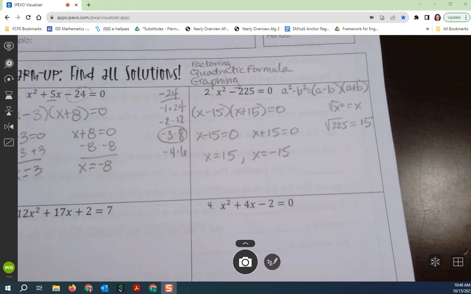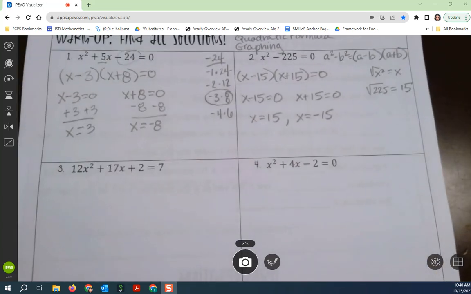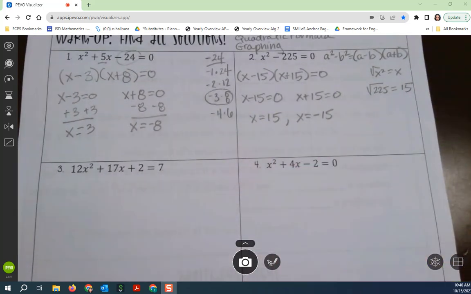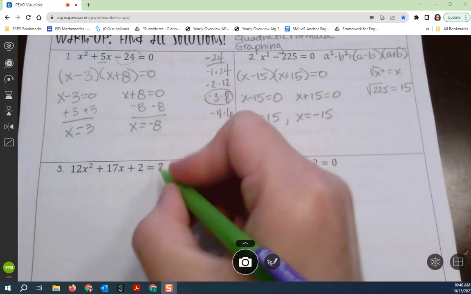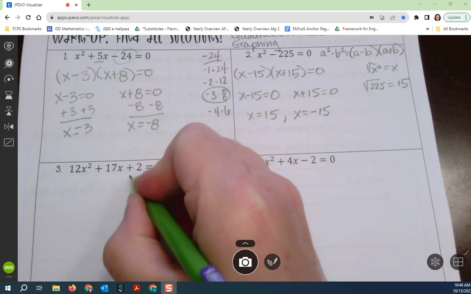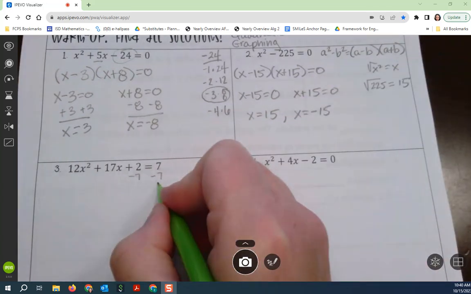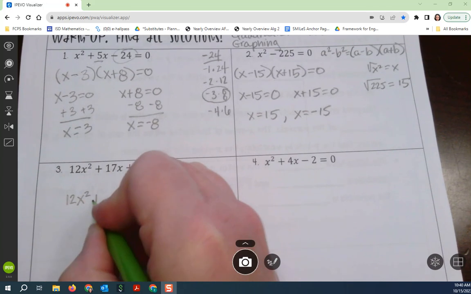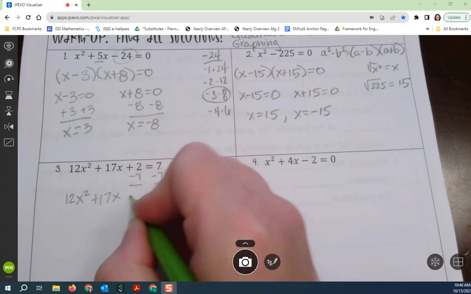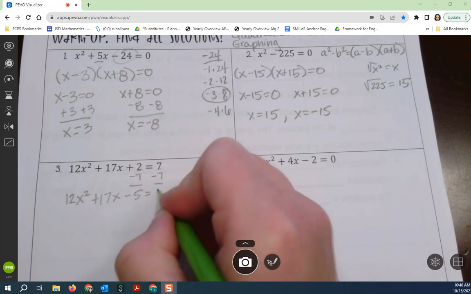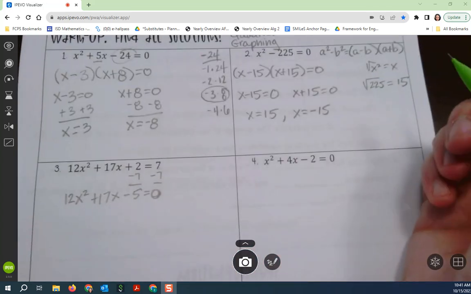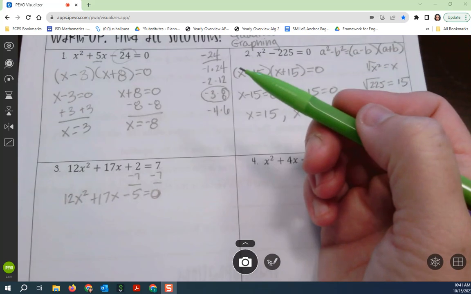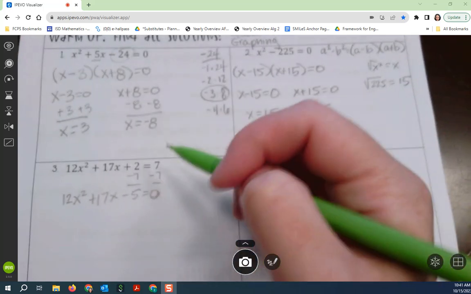Okay, so in number 3, we're not ready to use the zero product property because we don't have one side as 0. So the very first step is to make this side 0 by subtracting 7 on both sides. And I have 12x squared plus 17x minus 5 equals 0. And now, because my coefficient of x squared is not 1, the method is a little bit longer.